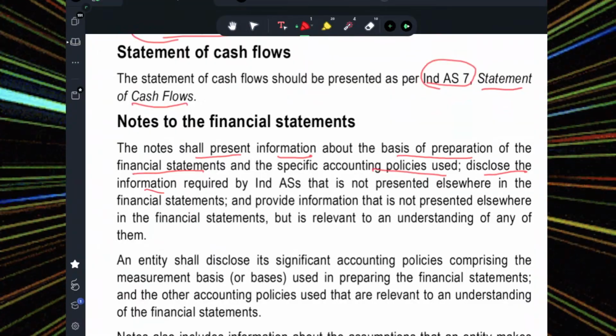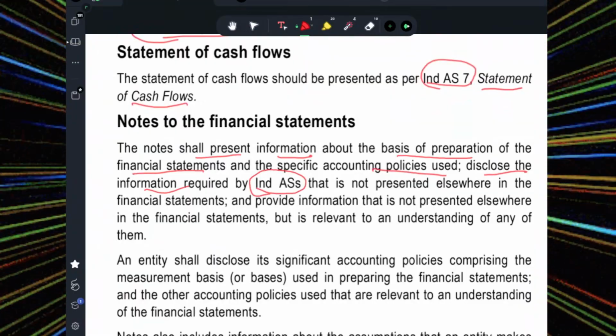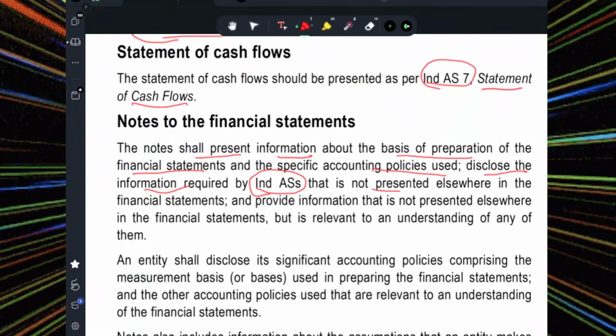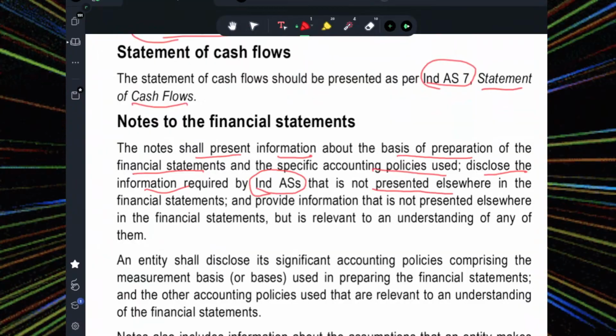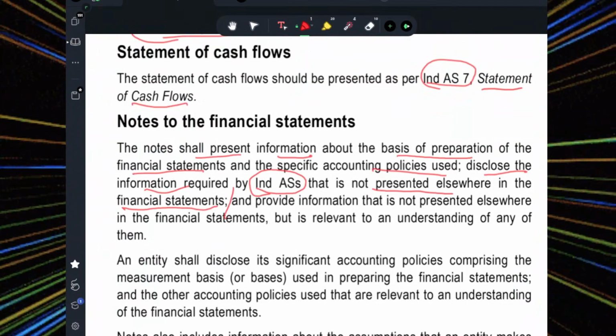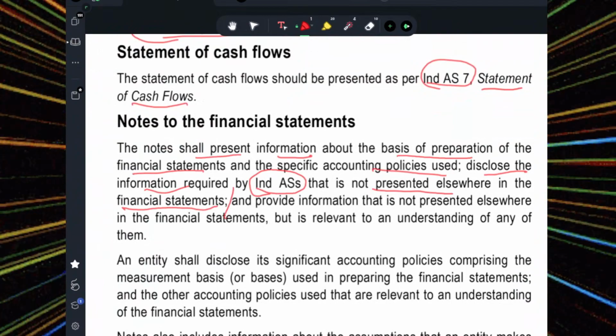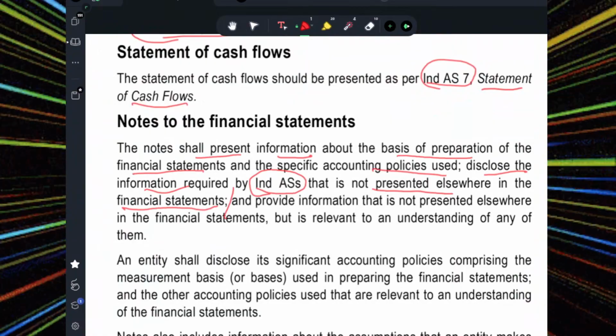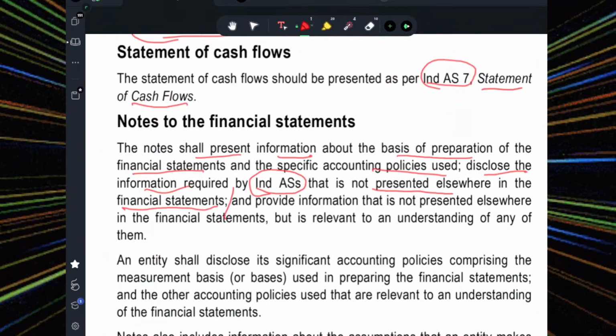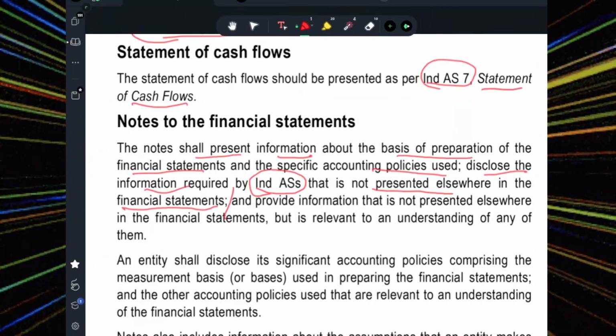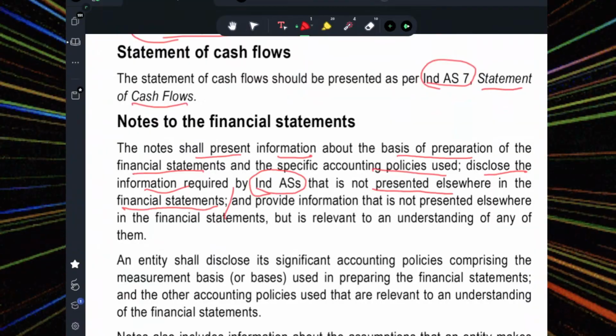Disclose the information required as per Ind AS that is not presented elsewhere in the financial statements. If Ind AS is being followed, you should follow it.